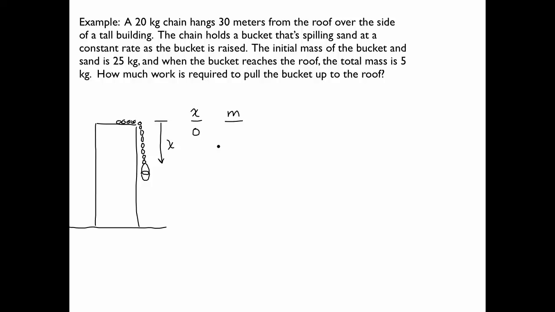What is the mass that we're pulling up that last little bit when we're almost finished? Just barely right before we're finished. What is that amount of mass? And we can do total of bucket, sand, and chain. Total mass of bucket, sand, and chain right before we finish. What would it be?